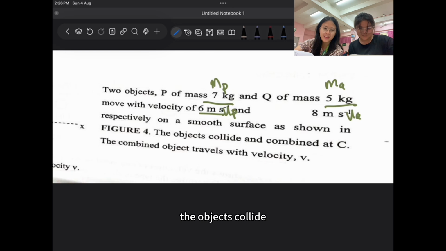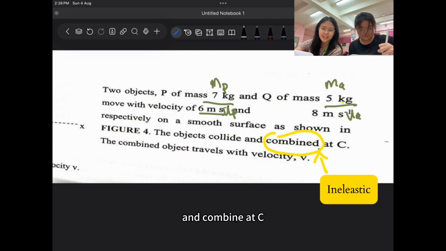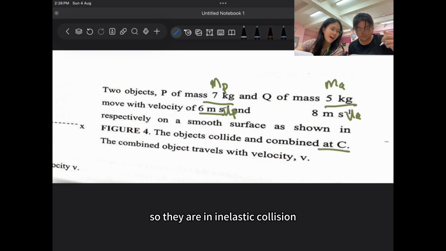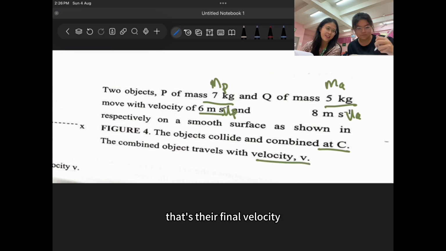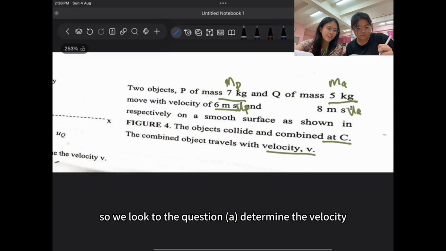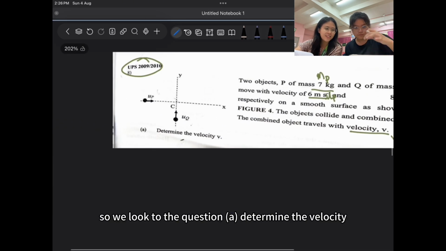The objects collide and combine at C, so they are inelastic collisions. The combined object travels with velocity v, that's their final velocity.